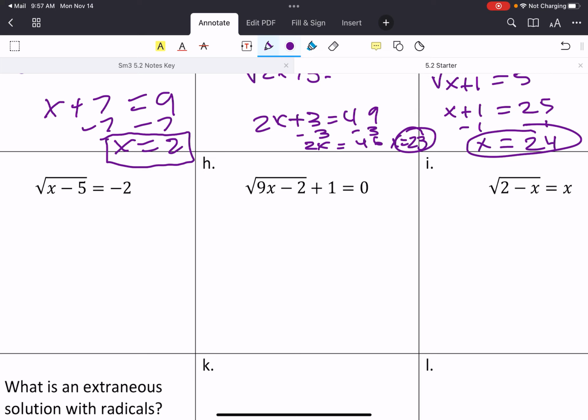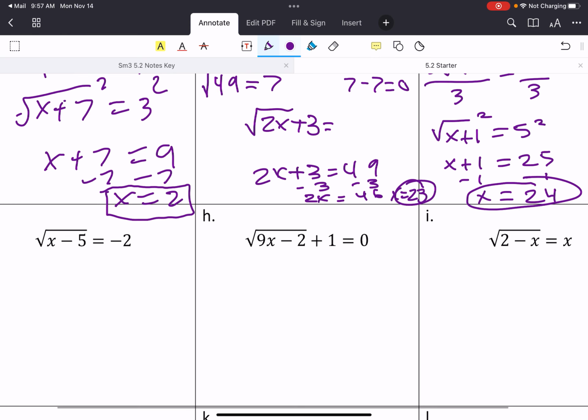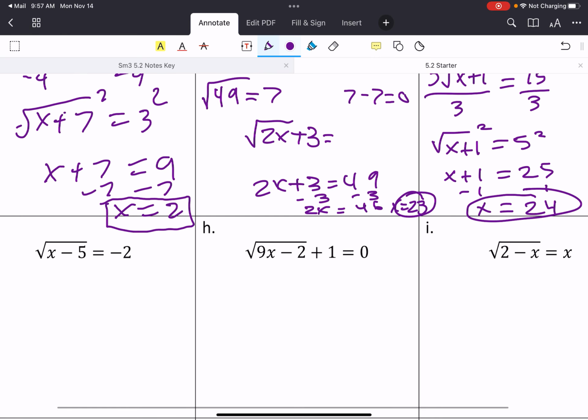Well, what's negative 2 times negative 2? Okay, that's square rooting it, negative 2. The first step is dividing. Is that right? Why not? How did you get it?